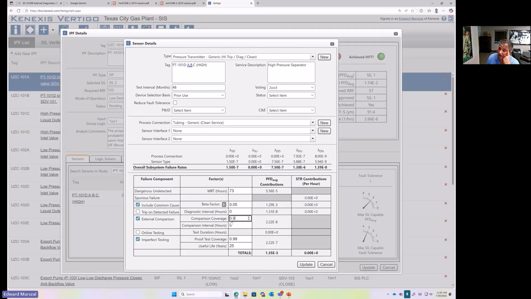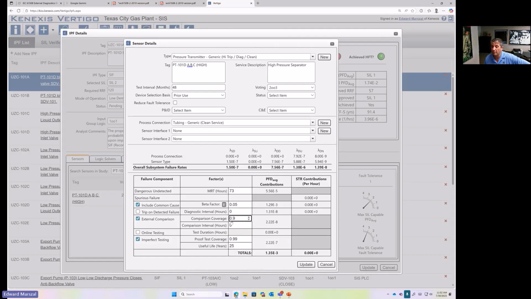How much time on average is that going to be? Rule of thumb, I'm going to go with an hour, which is probably a little bit more aggressive, but not completely unreasonable. If you wanted to be a little bit more conservative, you might want to back that off to 20 minutes or so. But this external comparison is really only effective if your process variable is moving.